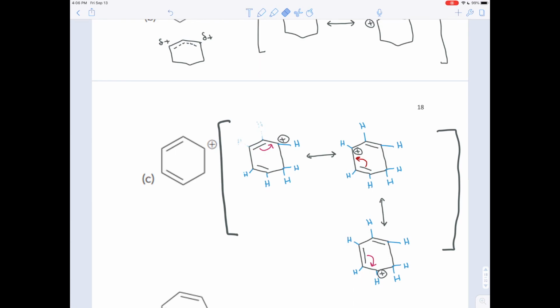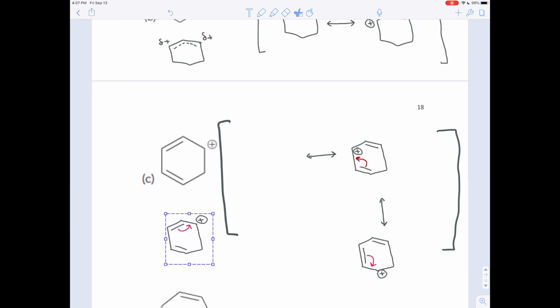All right, let's erase the hydrogens. We were just using those so that it was easier for us to see the new formal charges when the electrons moved around. And actually, just so it's a little easier to see, I'm going to put all of these just in a straight line.